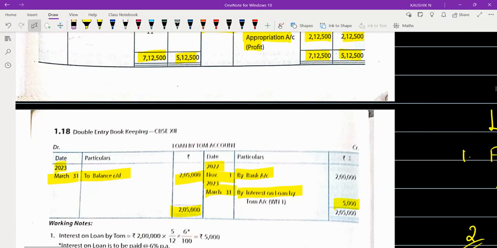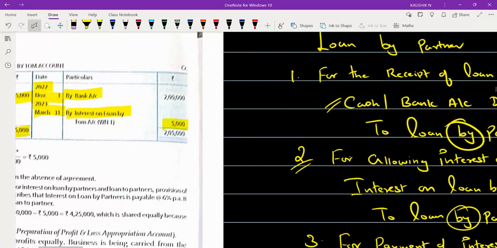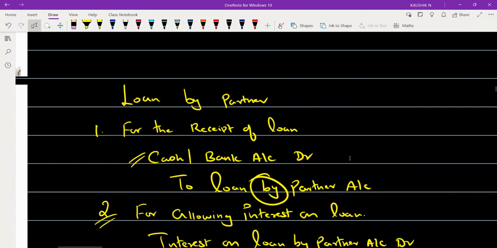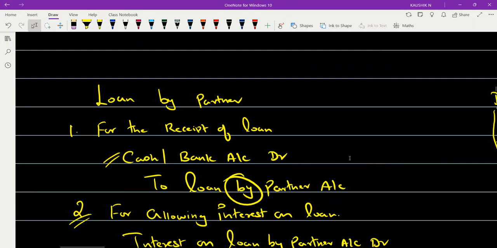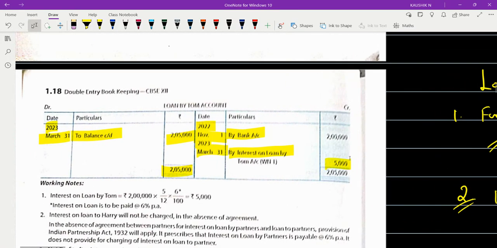If you have not completed this account, probably you can take it down. But don't take it without understanding. And even these entries, which are all a sequence in the loan by partner concept, coming one after the other, if you want to take them down, take them down. Once you're done, we'll move on to the next concept. If you're done, let me know.